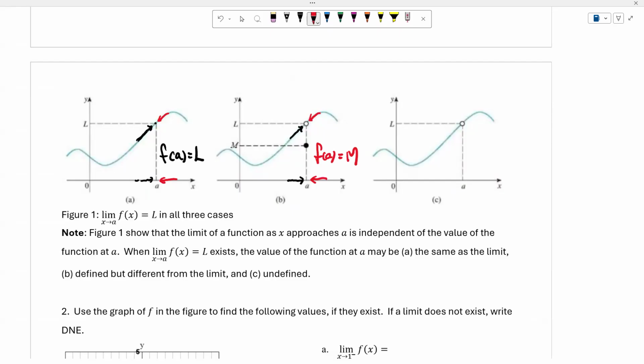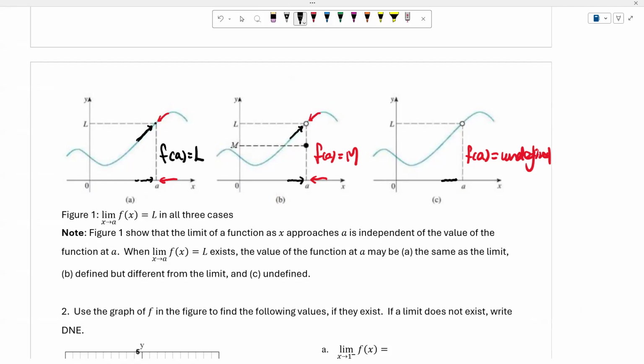The last situation is that f of a is actually undefined. Even though f of a is undefined, the limit exists, and the idea is the same.